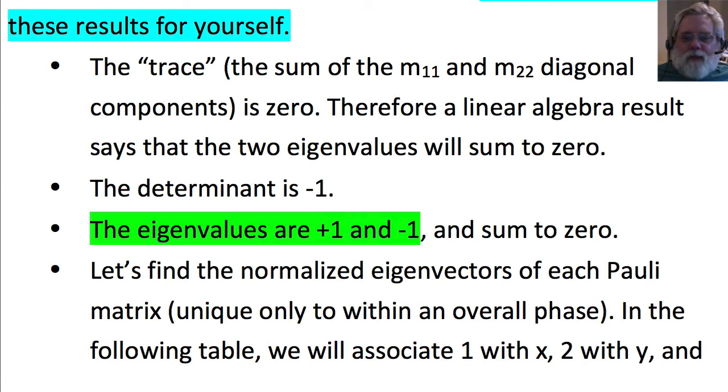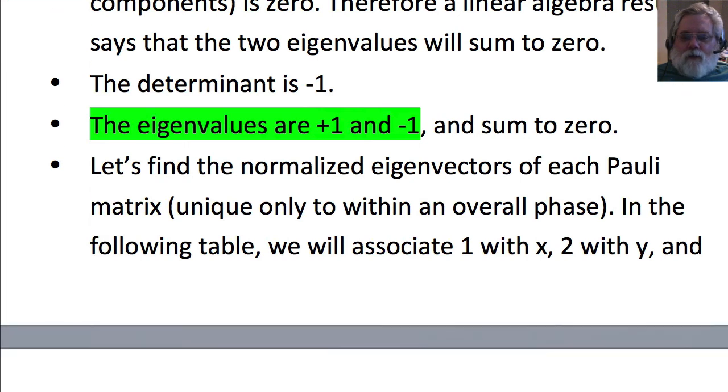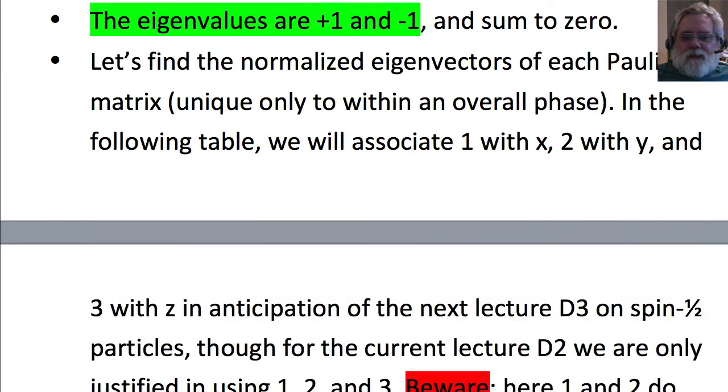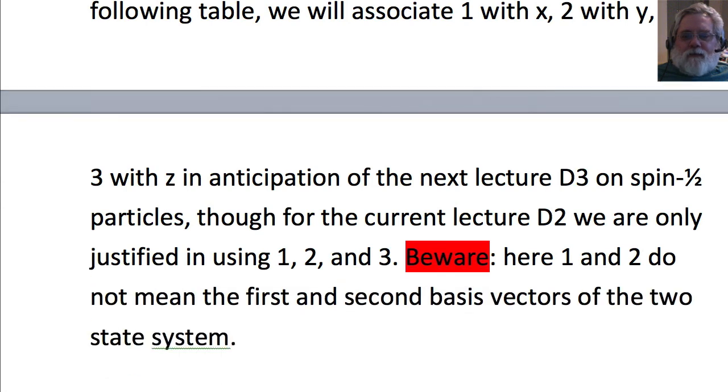So in the following table, we're going to associate 1 with x, 2 with y, and 3 with z, only to anticipate that we want to use these results in the next lecture, D3, on spin 1/2 particles. Though if we're not talking about a spin 1/2 particle, we should just stick with 1, 2, 3.